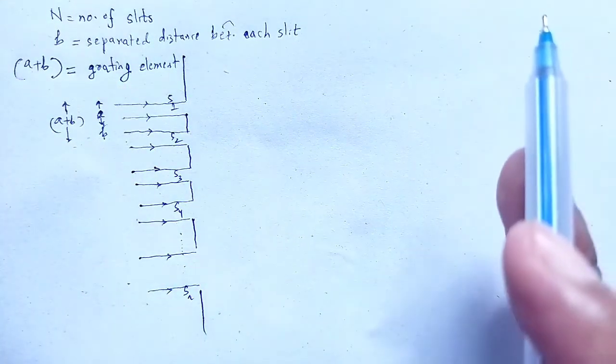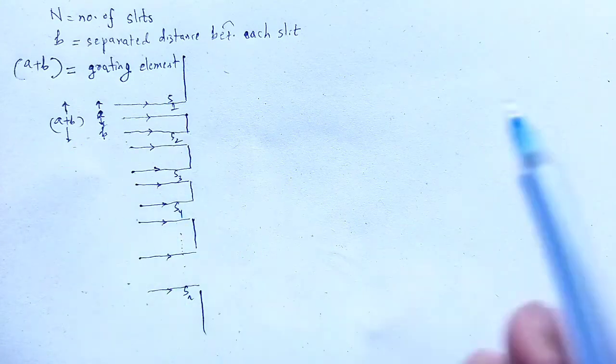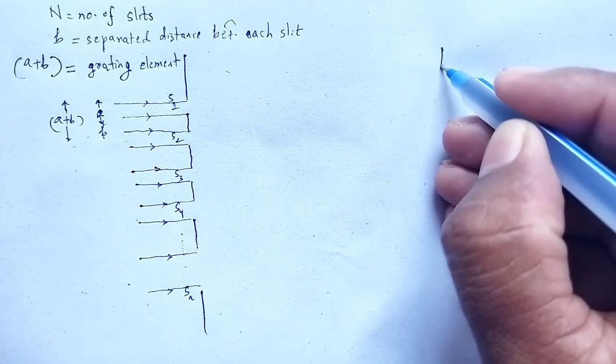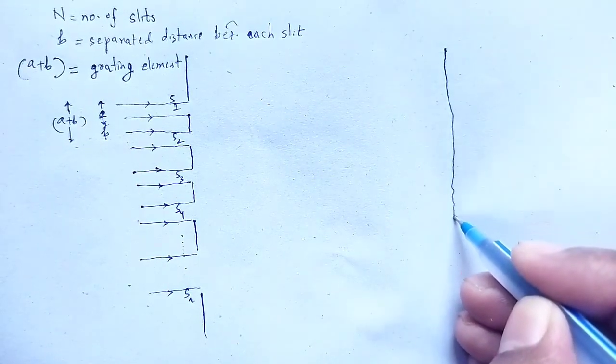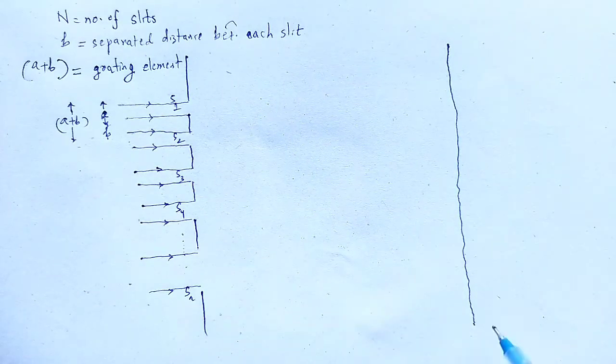In the Fraunhofer type diffraction, the source is at infinity from the slit, and again the screen also is at infinity from the slit.